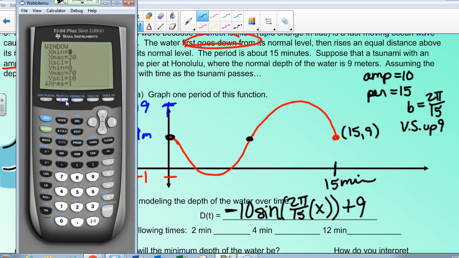All right, window. My window is not appropriate. 0 to 20 is okay, unless it asks. Yeah, I think 0 to 20 is okay. But what do I need? Y has to go beyond -1, so I don't know, -5 to 25, would that work?